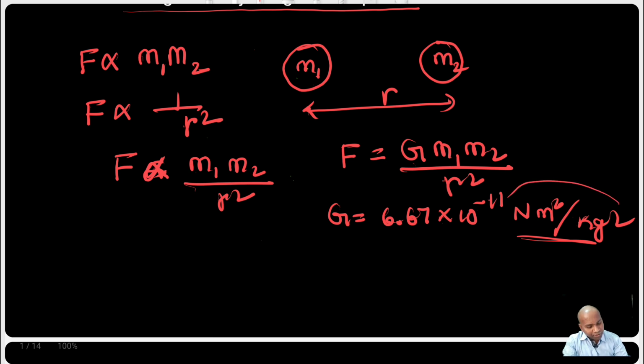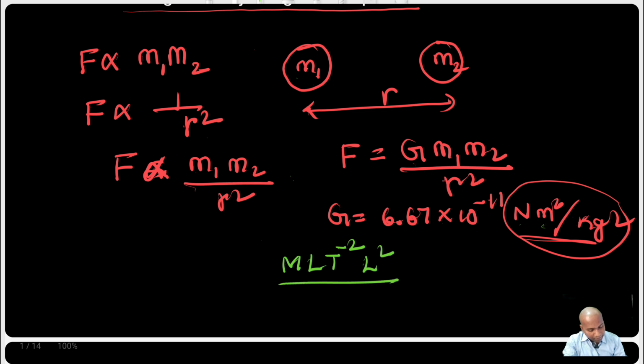From this we can easily write the dimensional formula of the force, of the meter square, and of the kilogram square. The dimensional formula of force is m l t power minus 2. So here L square by m square, then m gets cancelled.